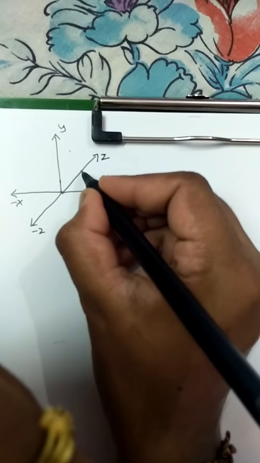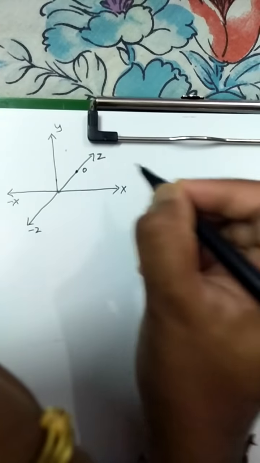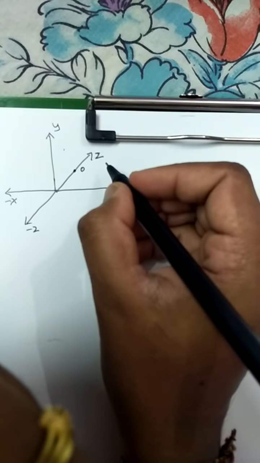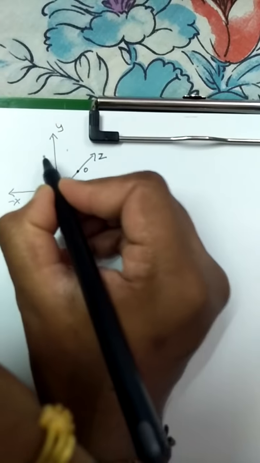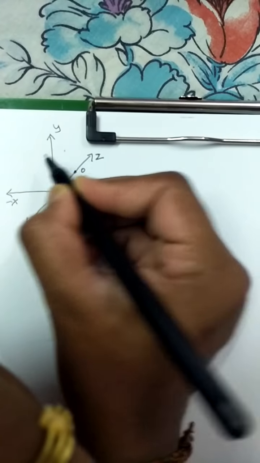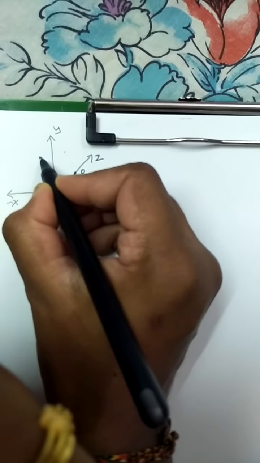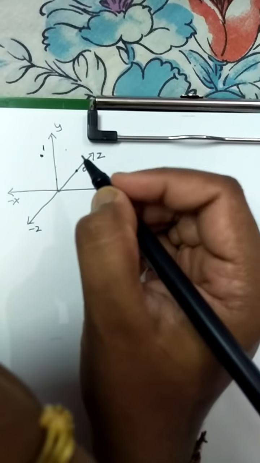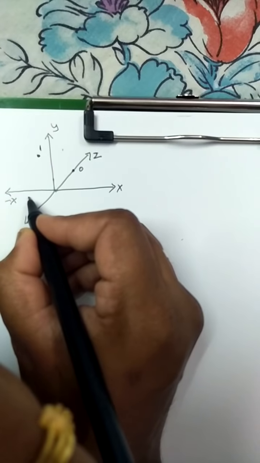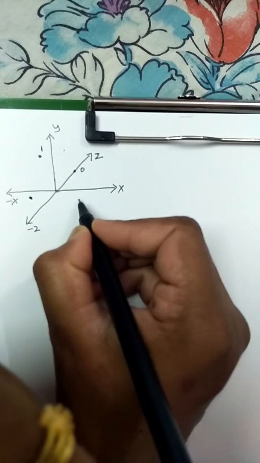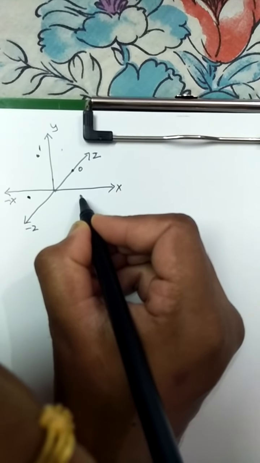I'll take my first point here, that is 0, and my second point here. The third point is here. The fourth point is somewhere here.